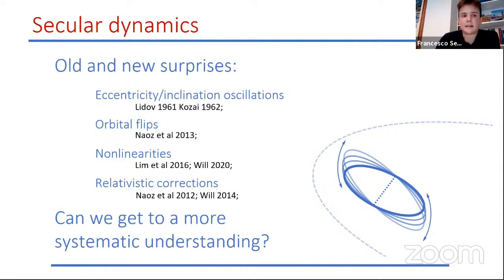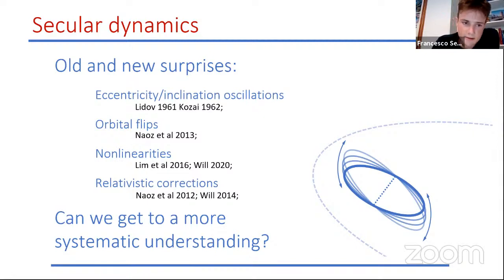This secular dynamics has been studied for centuries, and there have been a few surprising findings. First, the Kozai-Lidov effect, which is basically an oscillation of the eccentricity and of the inclination of the inner binary, caused over these very long time scales by the presence of the third body.